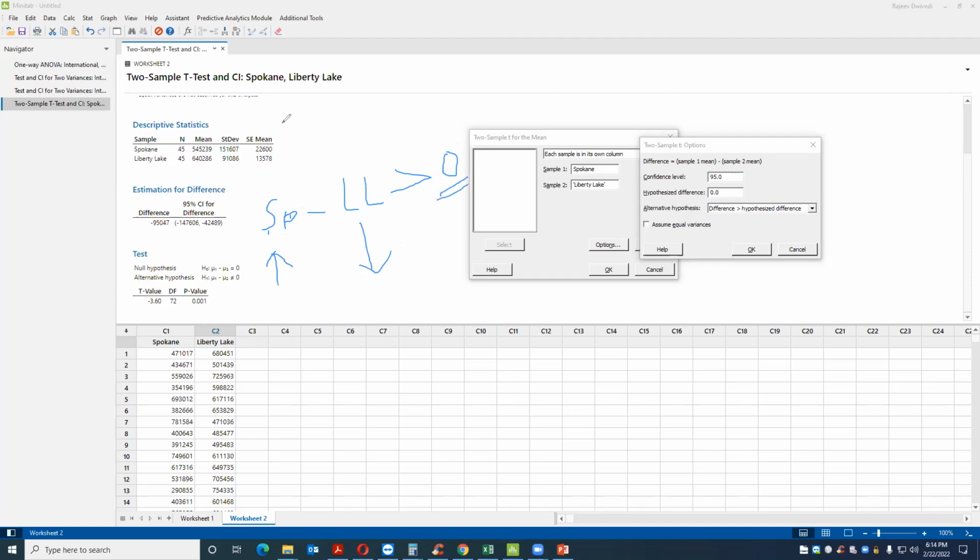In case we select another option, where Spokane is less and Liberty Lake is more, then it is less than 0, because Liberty Lake will be negative. I mean, this value will be less than 0. So in our concept, we are trying to check difference is greater than hypothesized difference.